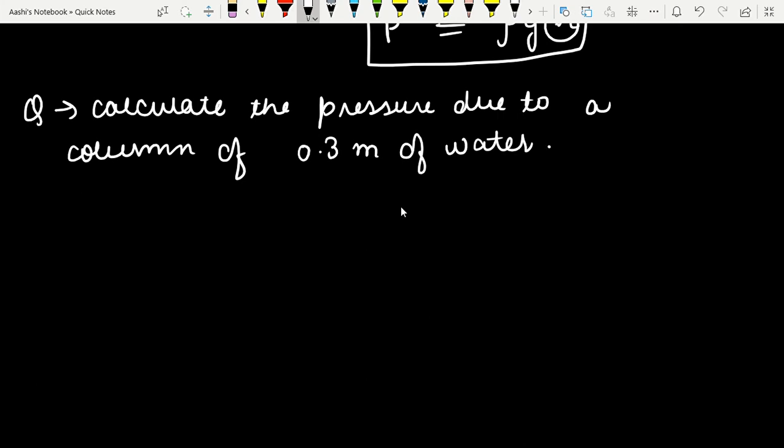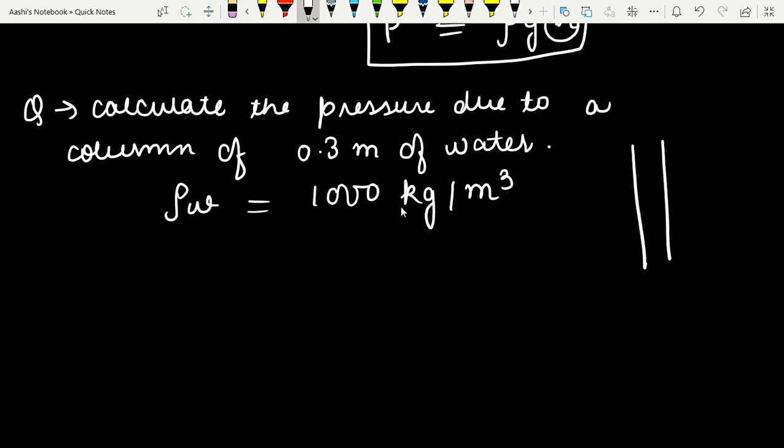It can be given for any fluid also, you just should know the density of that fluid. Here the density of water you already know at standard condition, it is 1000 kilogram per meter cube. So there is a column in which the height of the water is 0.3 meters.